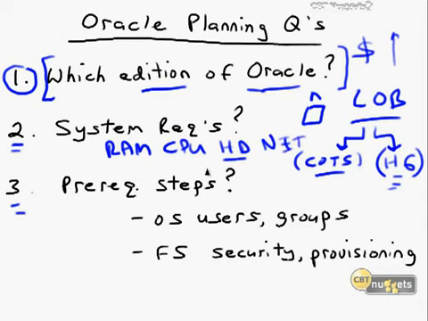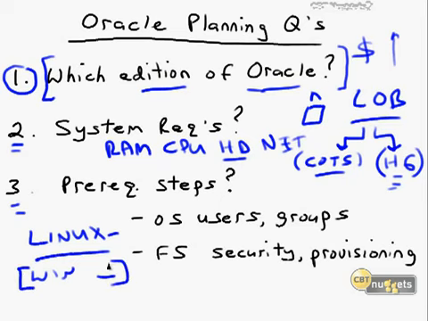Finally, we have the question of prerequisite steps. Now, you're going to find a world of difference in the ease of installation, depending upon whether you're using Linux as your host operating system or Windows. Oracle definitely does invest heavily in the Windows platform. You're going to come across some old crusty Oracle DBAs who are firmly committed to Unix or Linux, and that's fine.